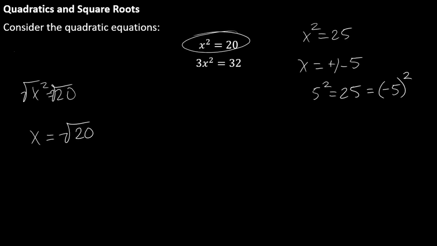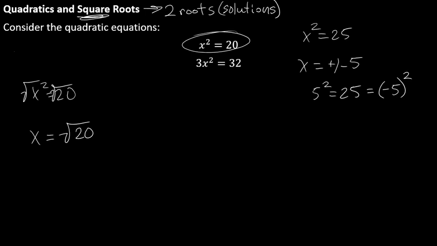So any square will always have two roots, or in the case of a quadratic, we'll call them solutions. Two roots or solutions. They really mean the same thing for all intents and purposes.